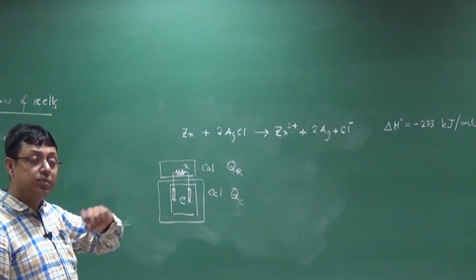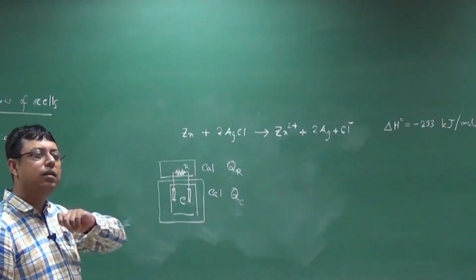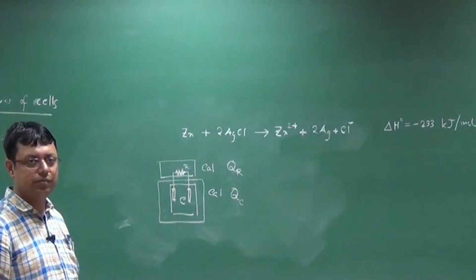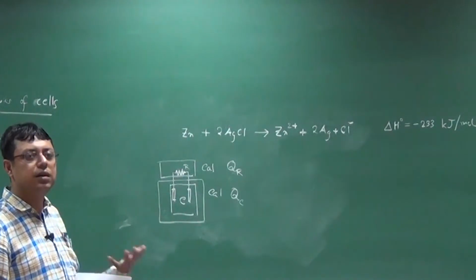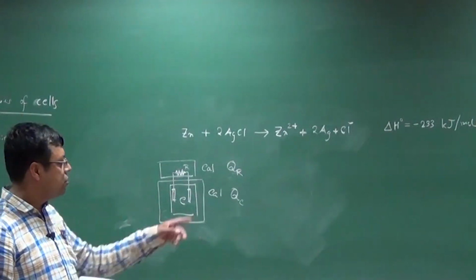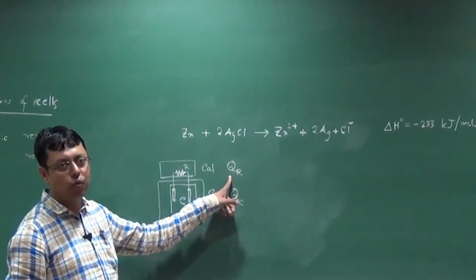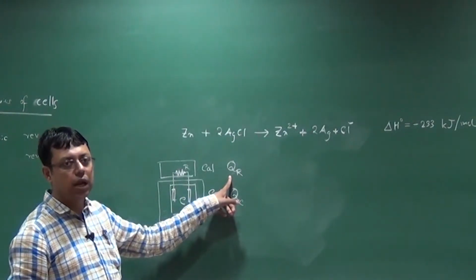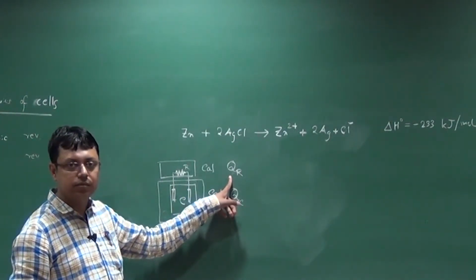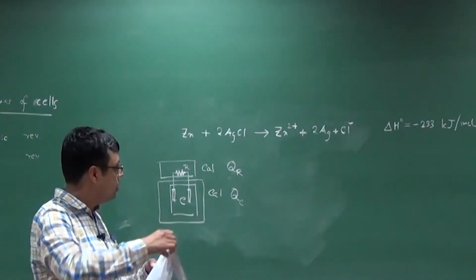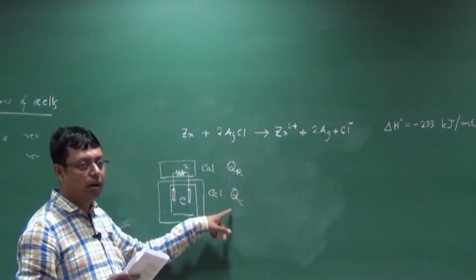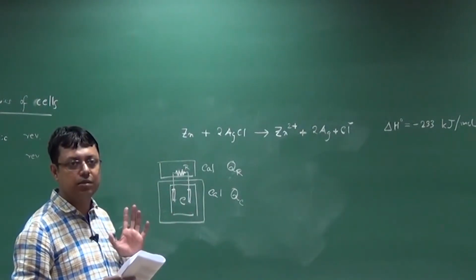Which means I have reached the reversible limit for practical purposes. So if I have reached the reversible limit, this heat change should be the reversible heat change. Let me write it down. All these heat changes will then be the reversible heat change.